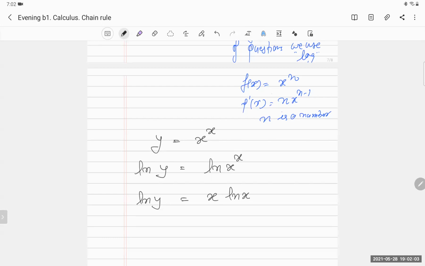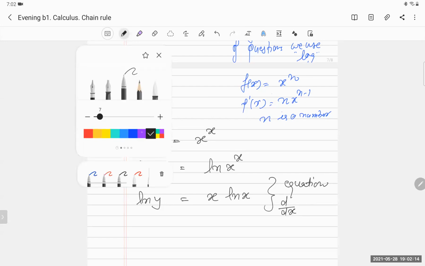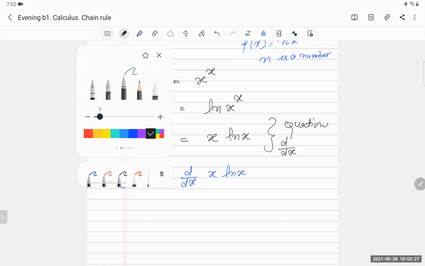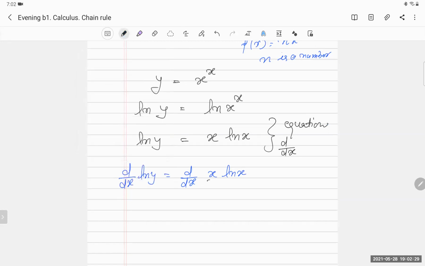So now we can differentiate both sides. Now this is an equation and I will differentiate both sides with x. So this will become d by dx ln y equal to d by dx x into ln x. In the right hand side, I am getting two functions which are in multiplication, so I will use product rule.